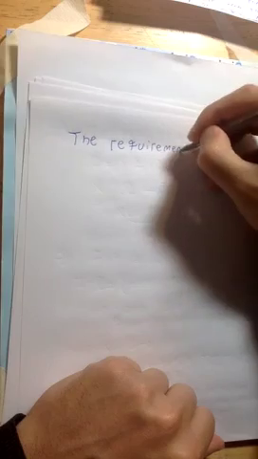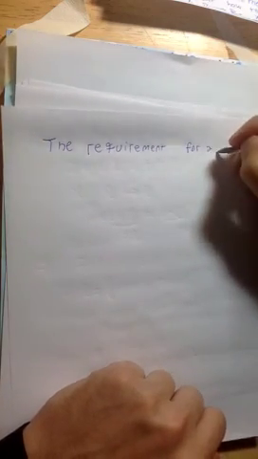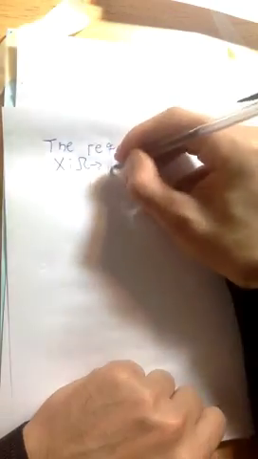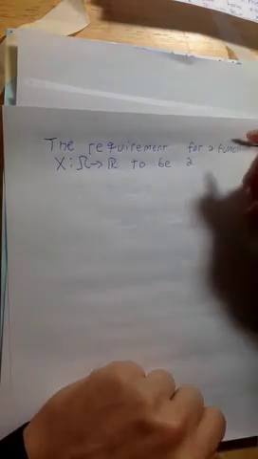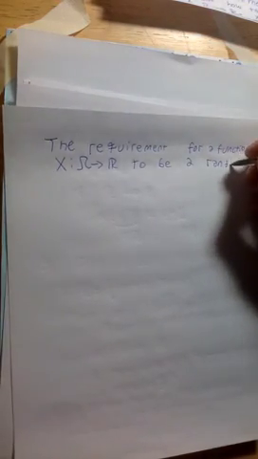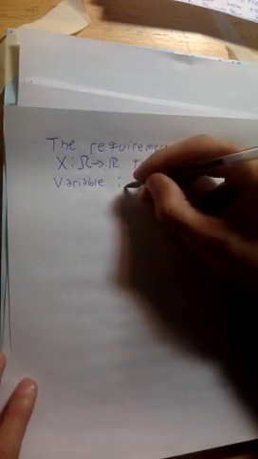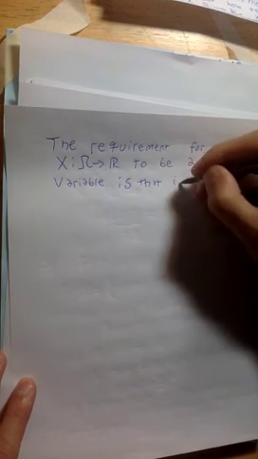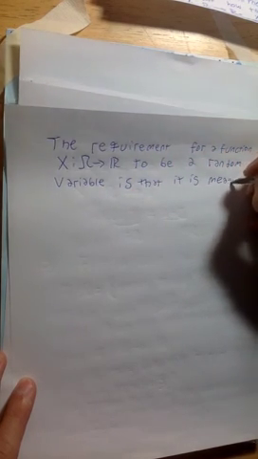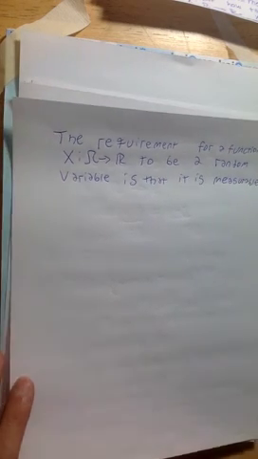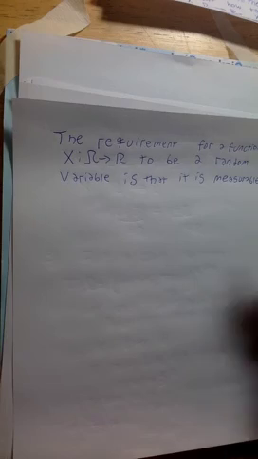Okay, so the idea is that the requirement for a function X from omega to R to be a random variable is that it is measurable. Okay, so what do I mean by measurable?